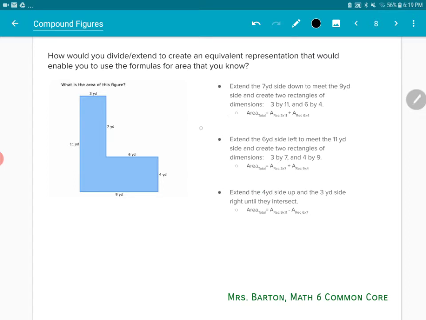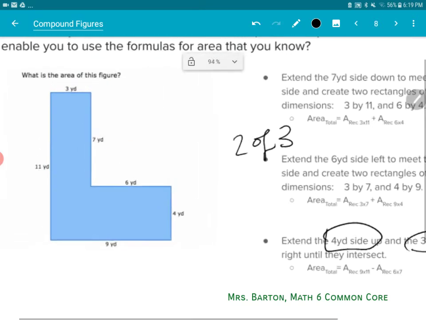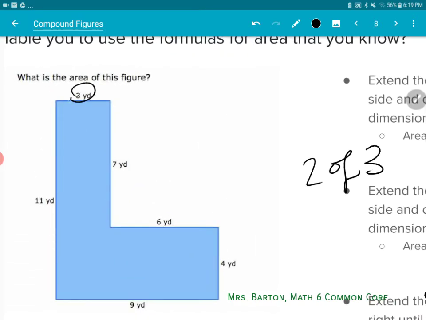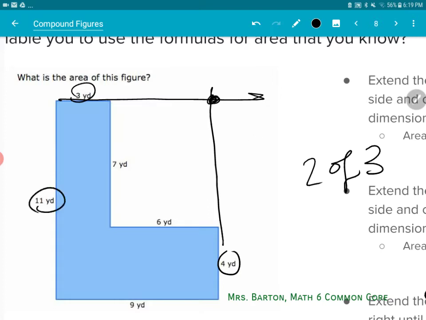I would pick 2 of the 3. 4 side, 3 side. We're going to take the 3 side, and we're going to extend right. We're going to take the 4 side, and we're going to extend up, and they're going to meet, and they're going to make this giant 9 by 11 rectangle. And we're going to subtract out this 6 by 7 rectangle.